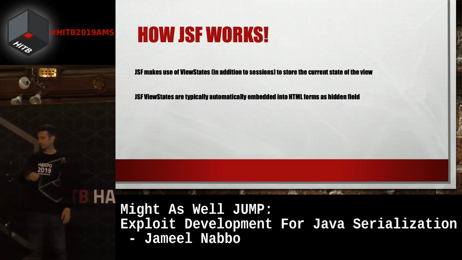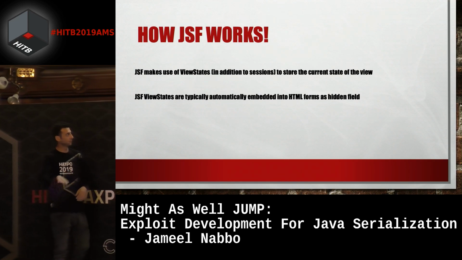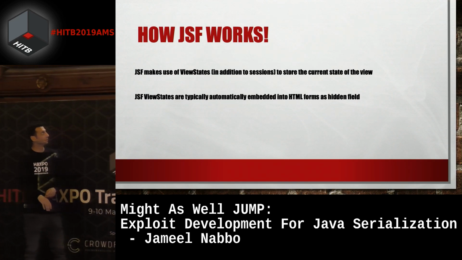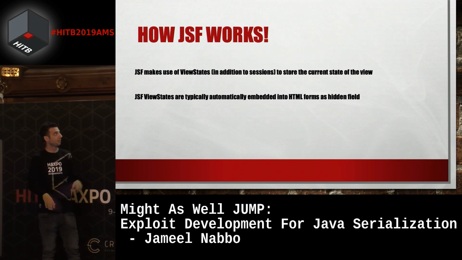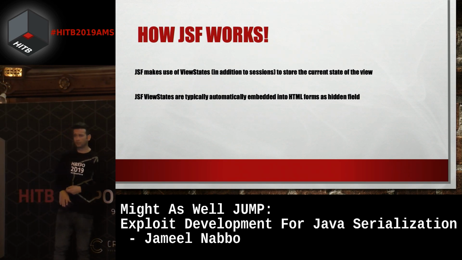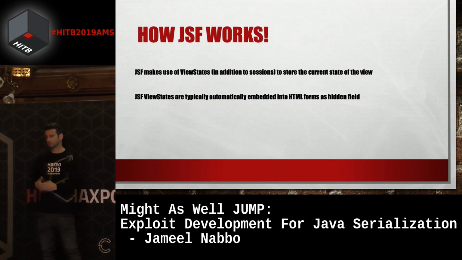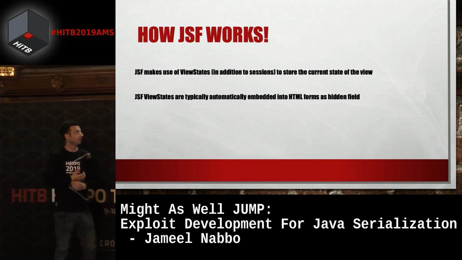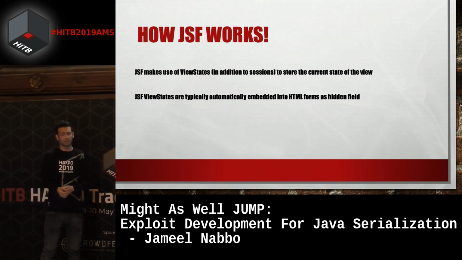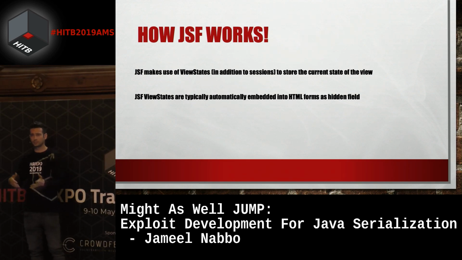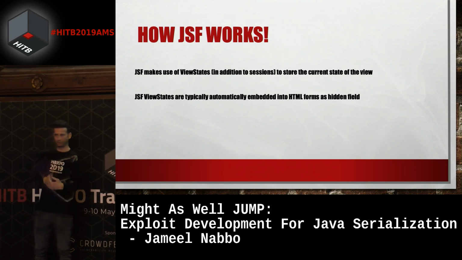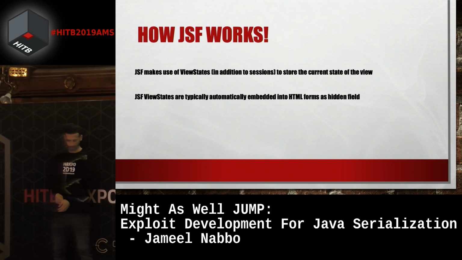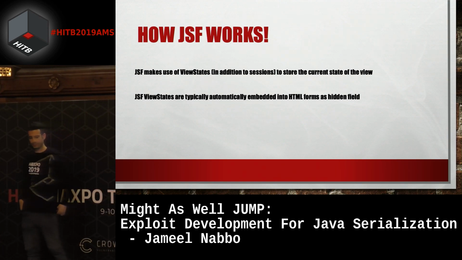Before that, let's talk about how JSF works, and a short description of how it works. If you are using, for example, Apache MyFaces or another JSF implementation, they basically have a view state, and this view state is sometimes encrypted, depending on the configuration. If it's not encrypted, yeah, we have a problem. If it's encrypted, we need to take the secret key.